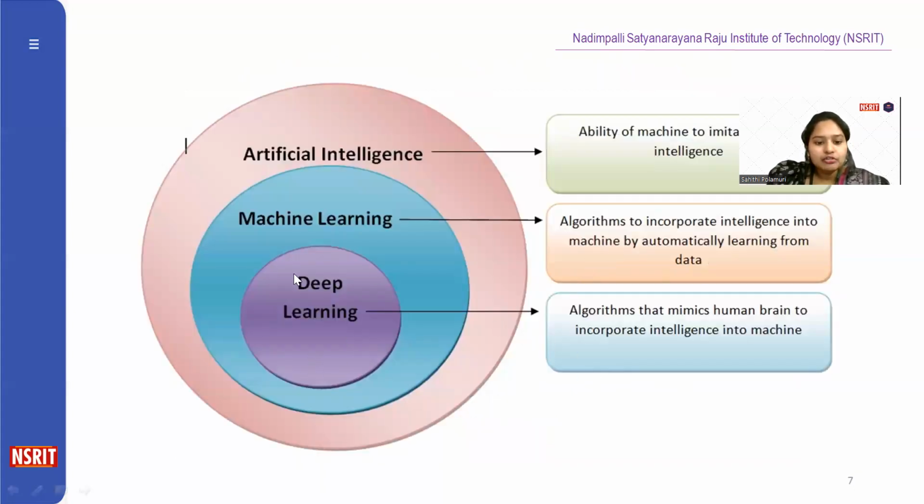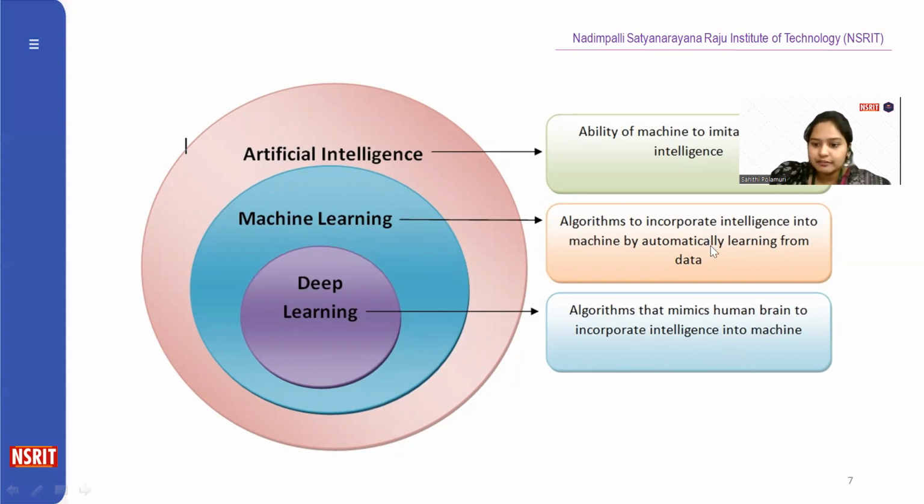And now coming to deep learning. Deep learning uses artificial neural networks, algorithms that mimic a human brain to incorporate intelligence into the machine. Deep learning is a subset of machine learning, and it is completely based on artificial neural networks.